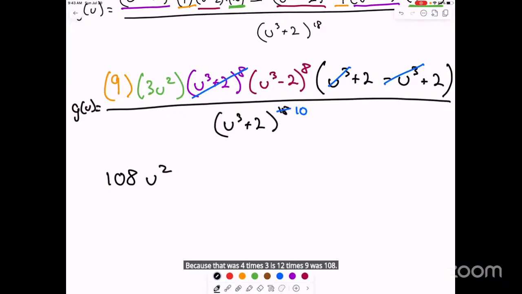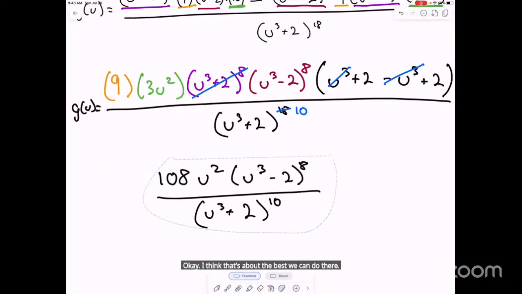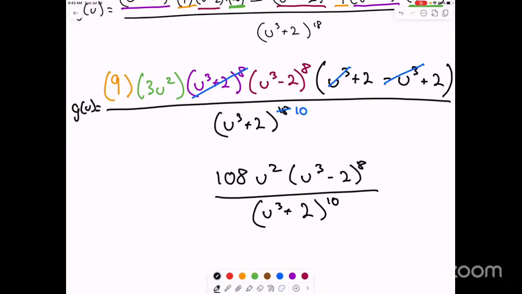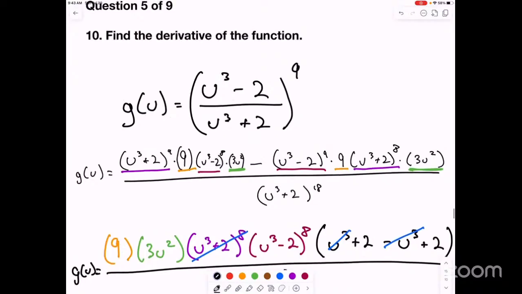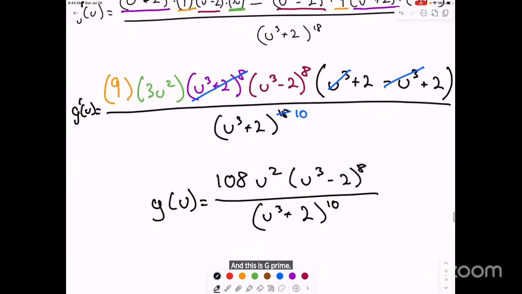U squared, the purple is gone. This burgundy is left over, all over. I think that's about the best we can do there. And this is g prime.